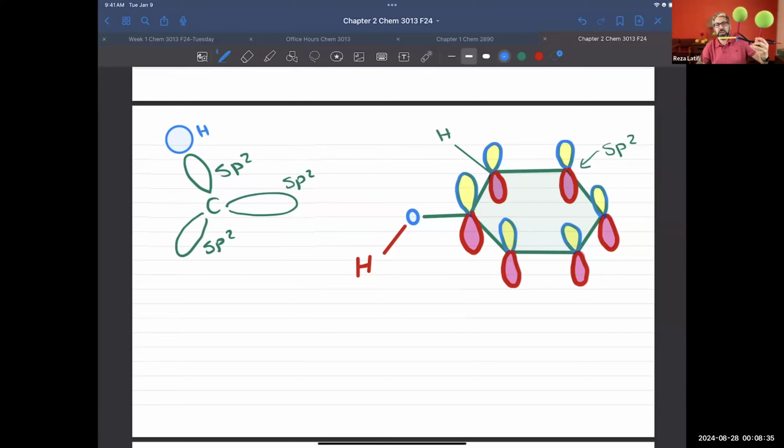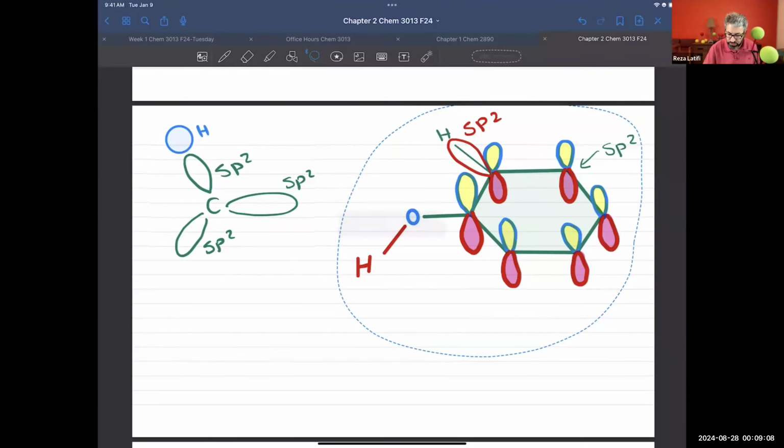If I take the hydrogen, I will have electrons inside the sp2 orbital. They have nothing to do with the pi bond. Remember, you get the pi bonds after forming the hybridization. In fact, whenever we want to find the hybridization, we don't count the pi bonds.